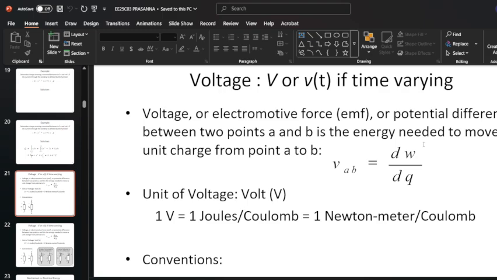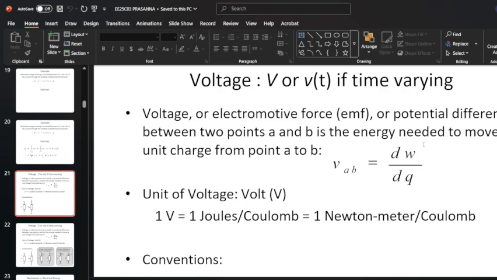Now consider the points named A and B. The potential difference between the points A to B, indicated as VAB, is equal to dW by dQ. How much work is done depends upon the charge. That is called voltage.